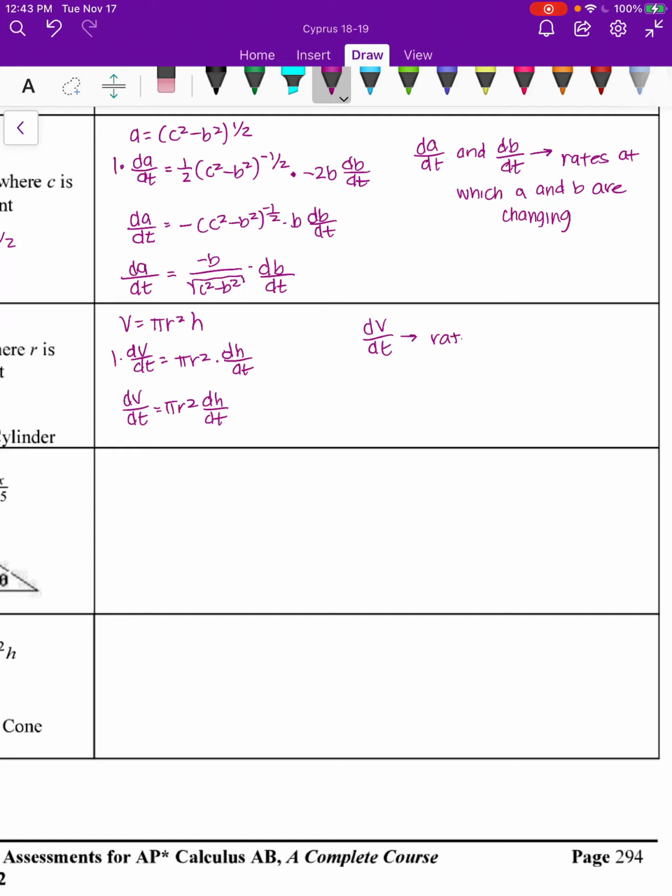So the two rates, we have dV dt, which represents the rate at which V is changing, which V stands for volume.